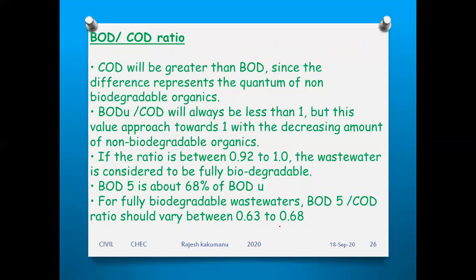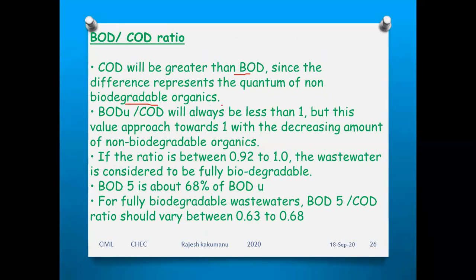Next, how to see the BOD and chemical oxygen demand ratio. The COD will be greater than BOD. The difference represents the quantum of non-biodegradable organics. So COD is greater than BOD because it represents the non-biodegradable organics, showing the higher value.